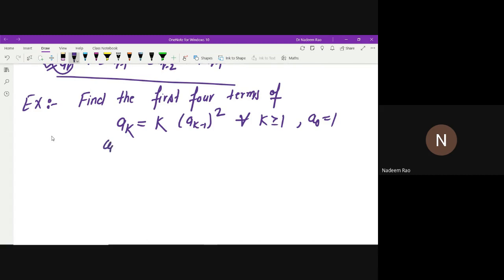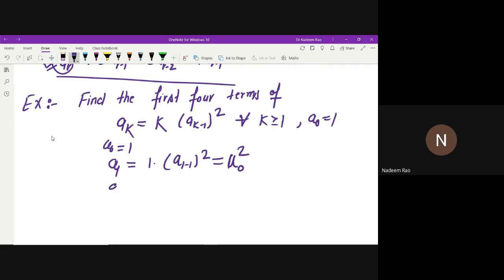a naught is given, that is equals to 1. What about a1? If you put 1 in place of k here, a1 equals to 1 into a1 minus 1 square, that is a naught square.